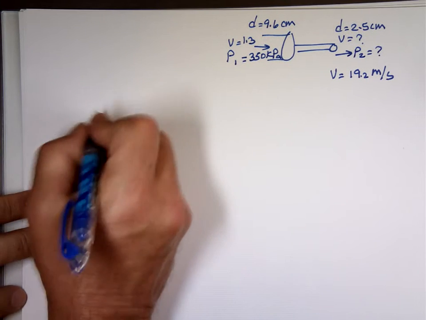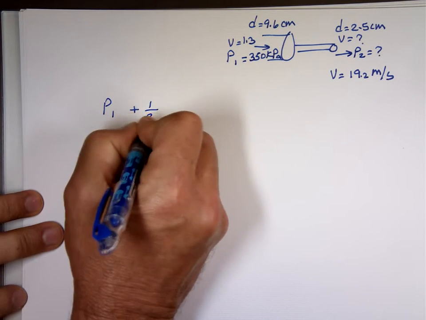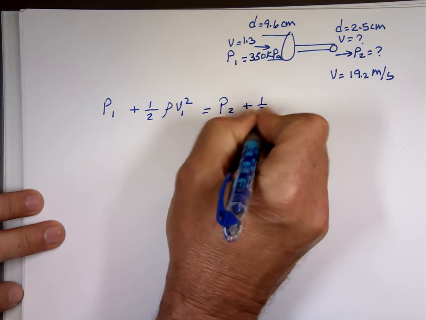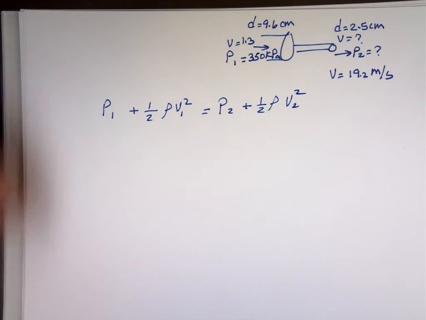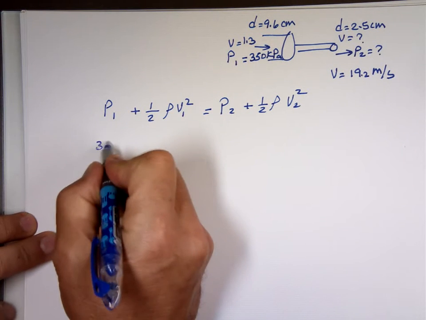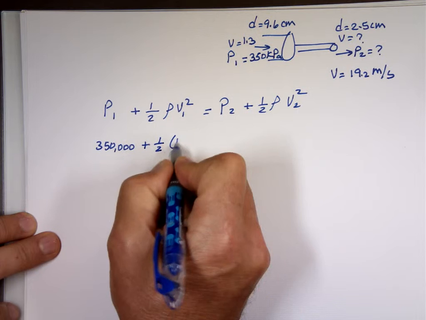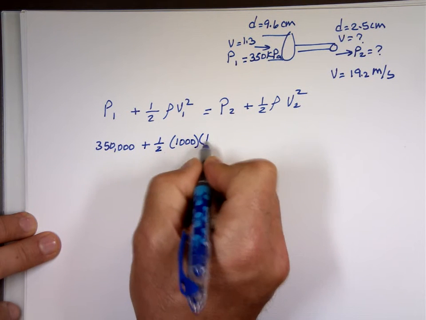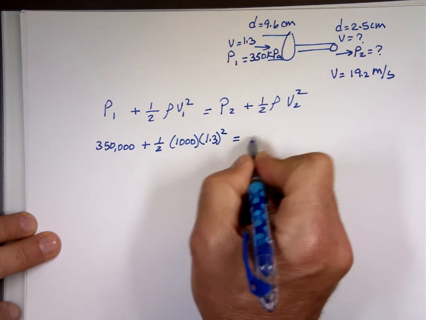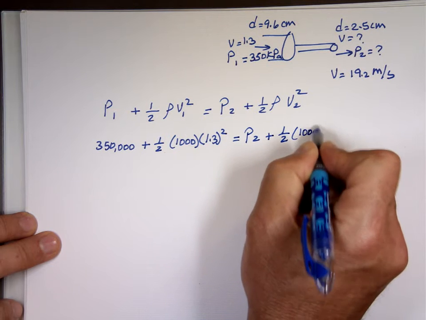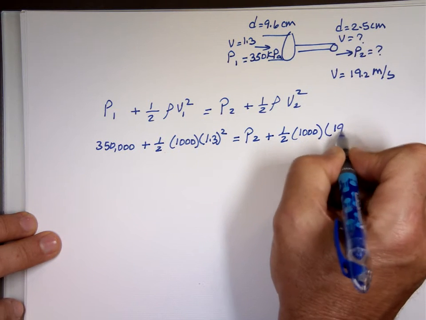Bernoulli's equation says P1 plus 1/2 rho V1 squared equals pressure 2 plus 1/2 rho V2 squared for constant height. Pressure 1, 350,000. 1/2 rho is 1,000, it's water. Velocity squared, 1.3 squared, equals pressure 2 plus 1/2 times 1,000 times velocity squared, which is 19.2 squared.